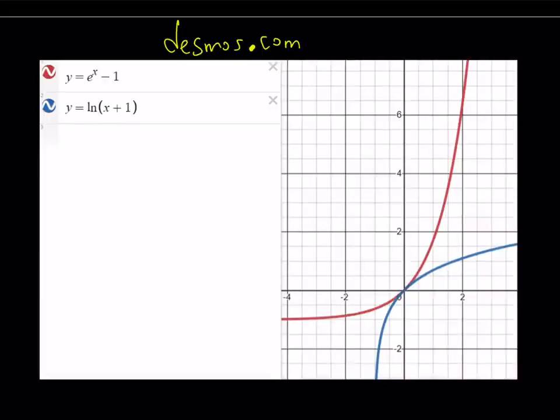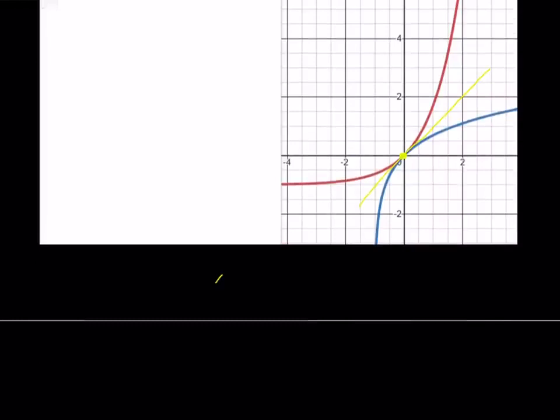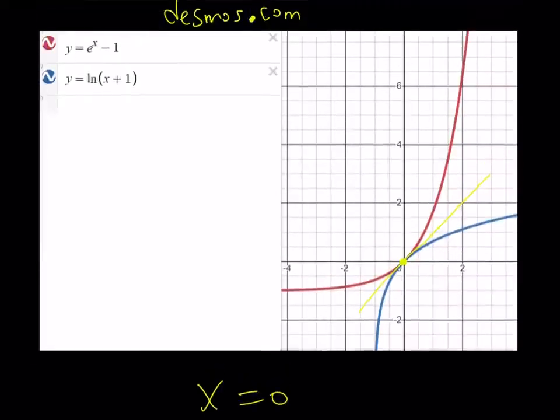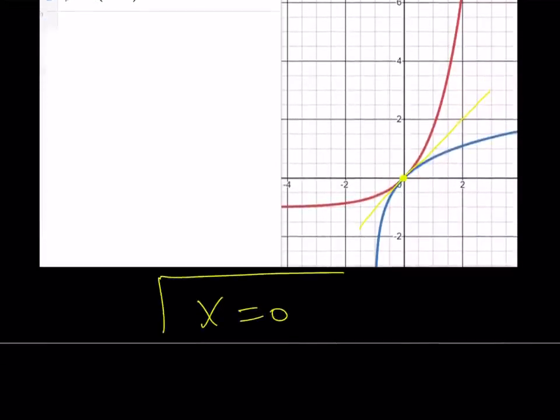These functions are inverses of each other. Obviously, if two functions are inverses, they're going to be symmetrical with respect to the diagonal y equals x. So they're only going to be intersecting at y equals x, and that shows you that they're going to have a single solution, and that is going to be x equals 0. All right, so our equation has only one solution, and that is x equals 0.